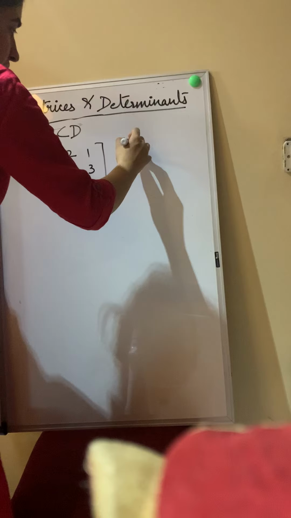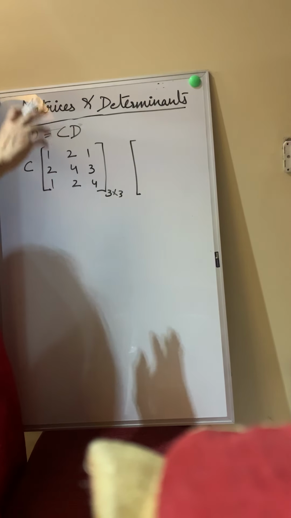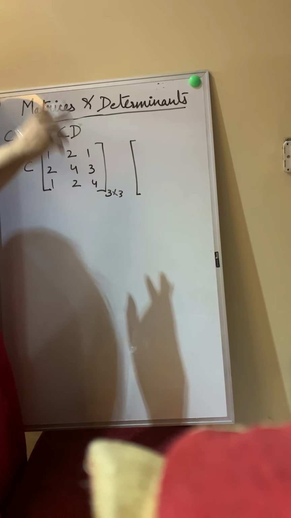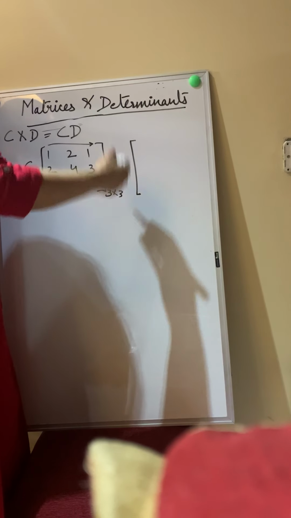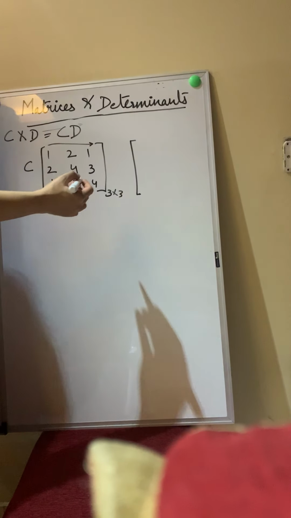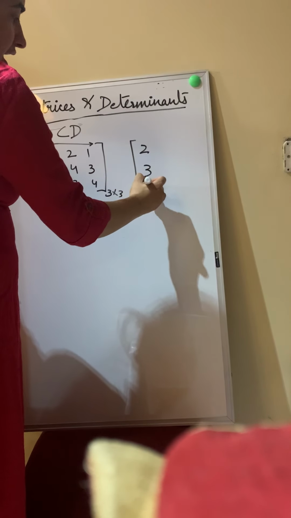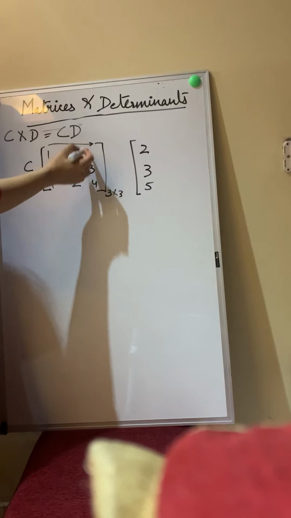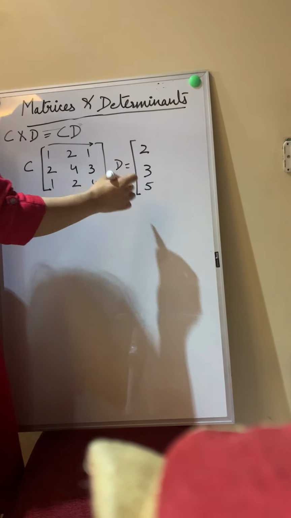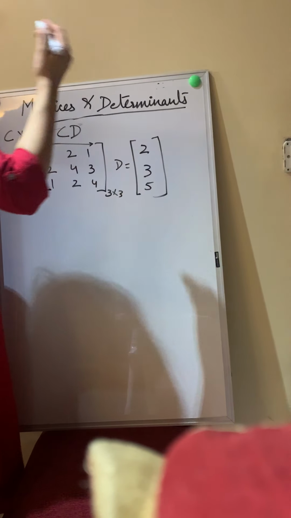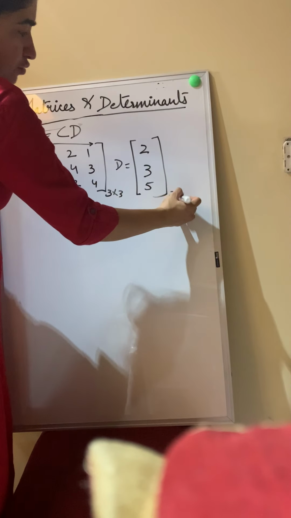It can be multiplied with a matrix which has 3 rows, because C has 3 columns. So this is 2, 3 and 5. The number of columns of C equals the number of rows of the second one, which is D. Okay, let's take it this way. This has an order of 3 by 1.